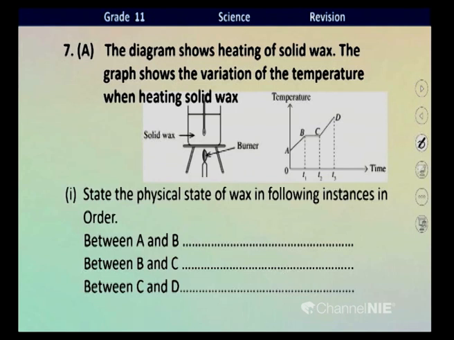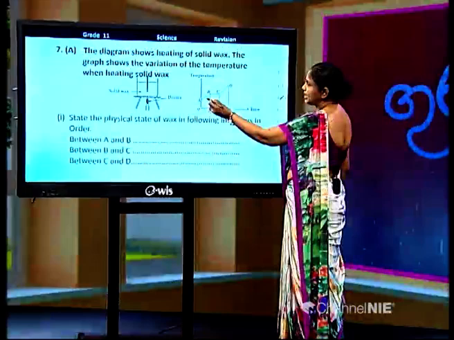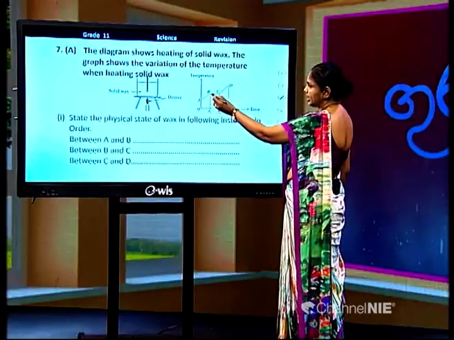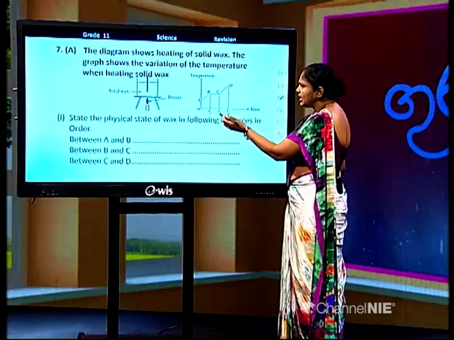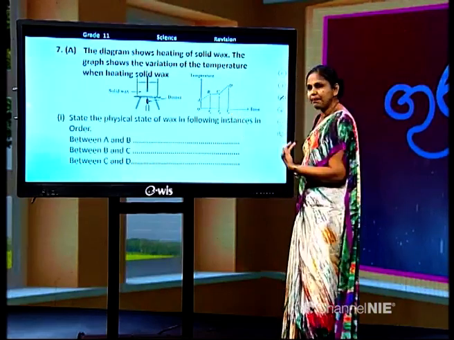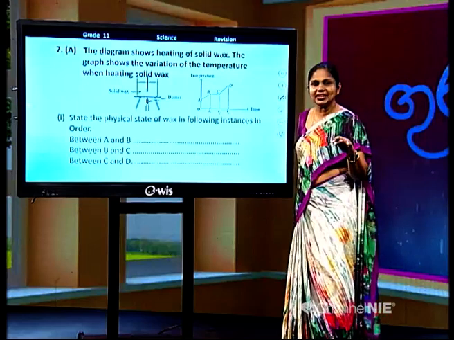The diagram shows heating of solid wax. The graph shows the variation of the temperature when heating solid wax, right? State the physical state of wax in following instances. Carefully look at the graph, children. You know that if this is solid wax, when it is heated, its temperature increases and increases, and at B, even when heat is supplied, even as time is passing, temperature doesn't rise.